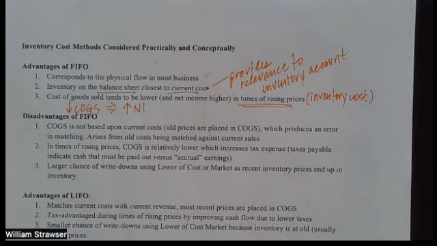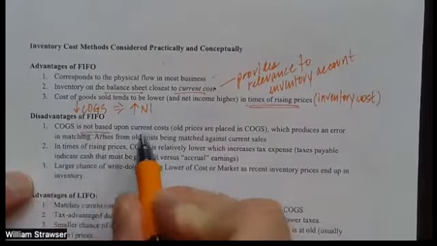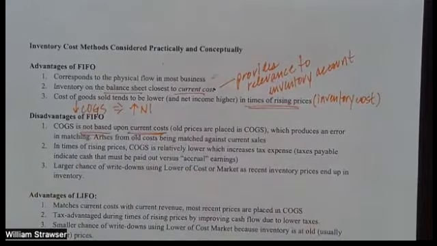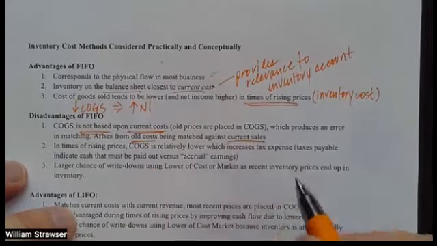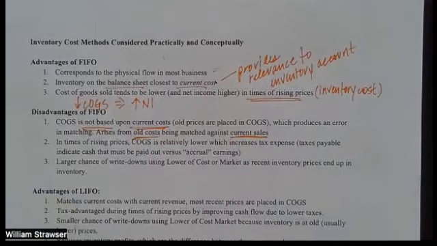The disadvantages: cost of goods sold is not based on current costs. We just talked about that. Cost of goods sold is based on the old costs, which can produce a sort of error in our matching. Old costs are being matched against current sales prices. So it might be, right, I sell through my beginning inventory.